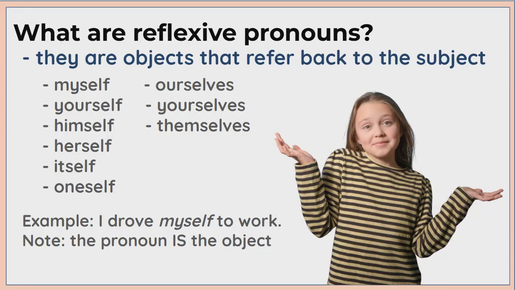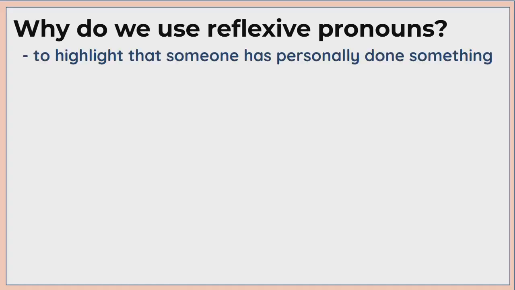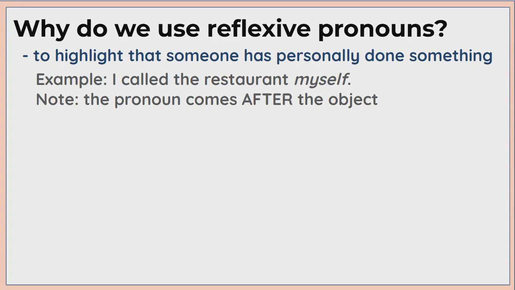Let's take a look at some examples, and more importantly, let's look at why we use reflexive pronouns in English. The first reason is to highlight or show that someone has personally done something. The example I have here is, I called the restaurant myself.